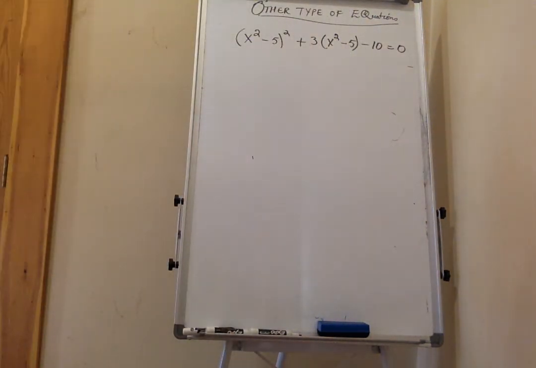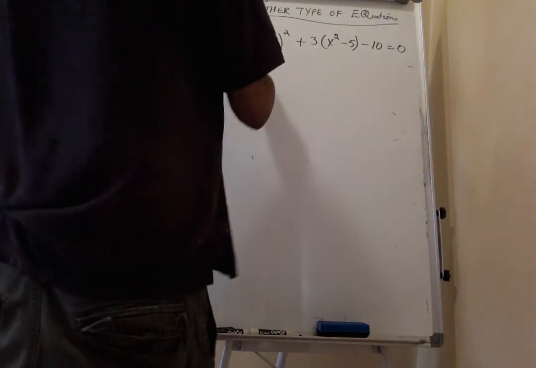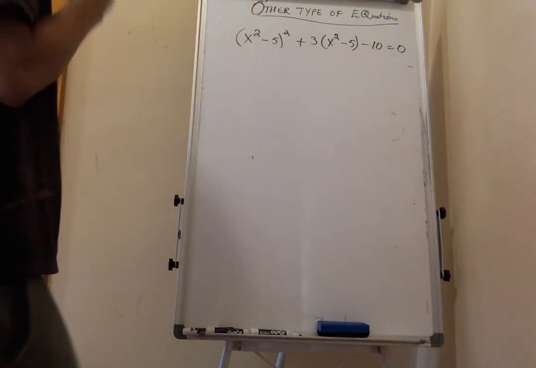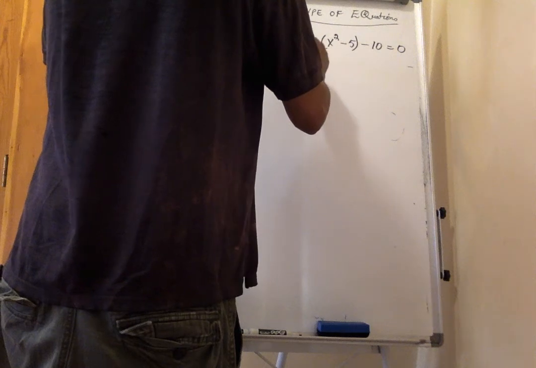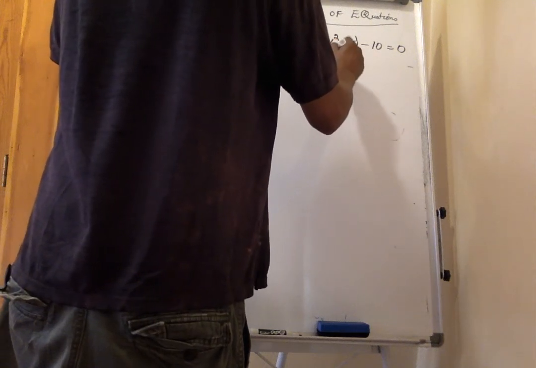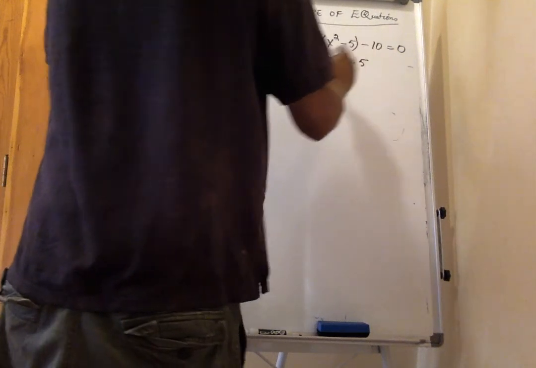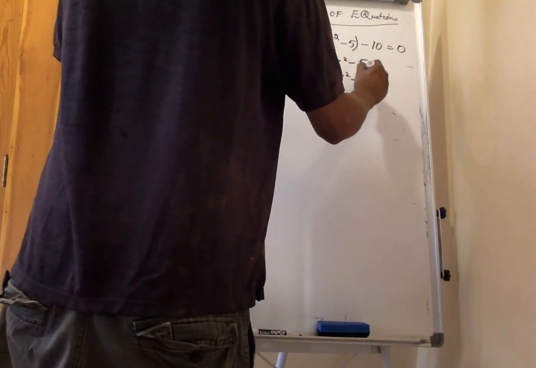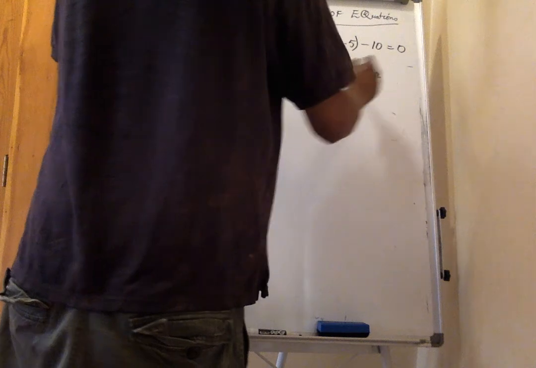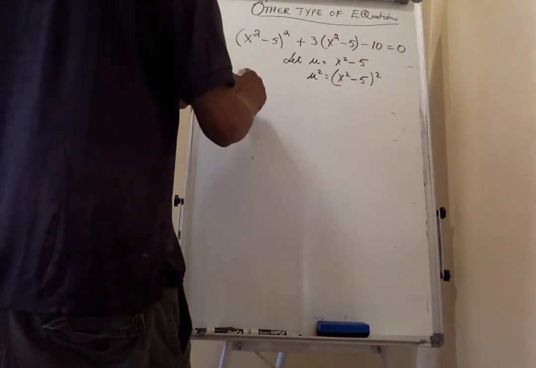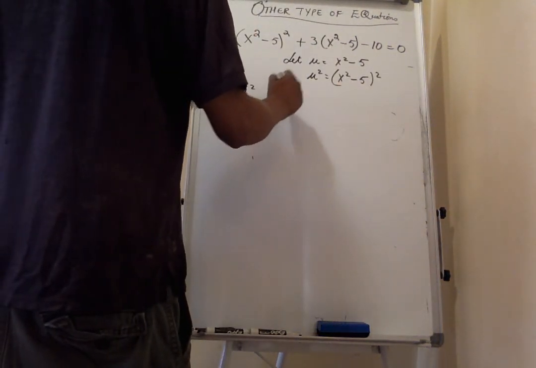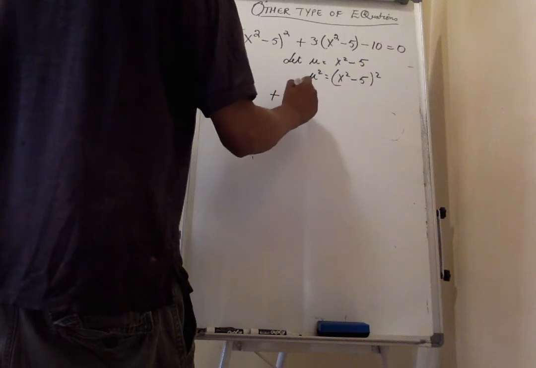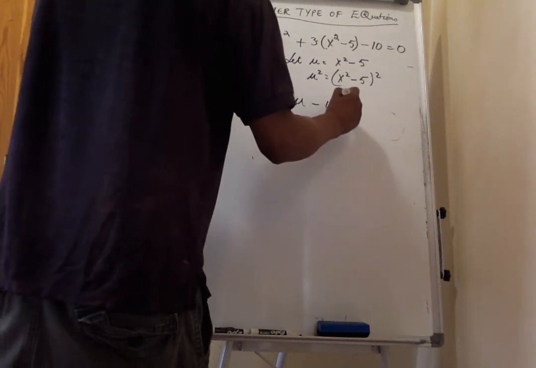Again, let's use substitution because this one is x to the 4th. Let u is equal to x squared minus 5, then u squared is x squared minus 5 squared. So I'm going to change this into u squared plus 3u minus 10 is equal to 0.